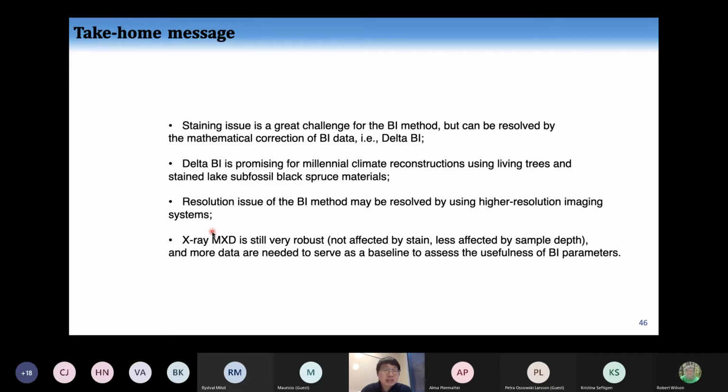And to the last, I would still say that X-ray density is very robust. It is not affected by the standing issue and is also less affected by sample depths. So I think in the future, more density data are also needed to serve as a baseline to assess the usefulness of blue intensity parameters.